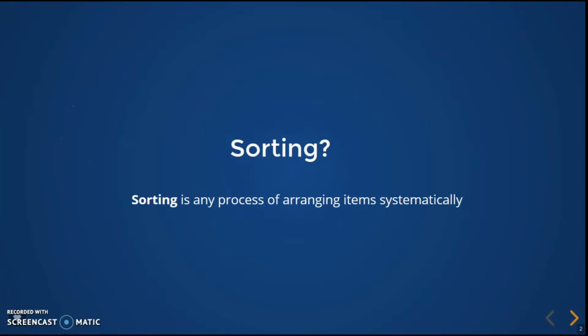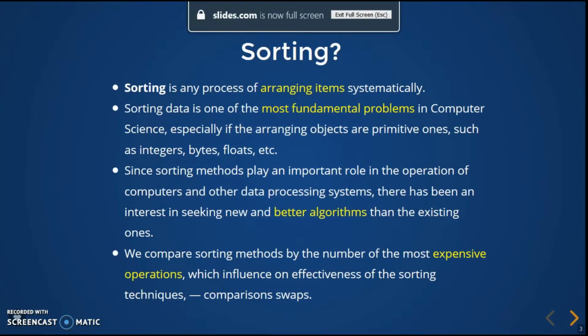So first of all, what is sorting? Sorting is any process of arranging items systematically. Sorting data is one of the most fundamental problems in computer science, especially if the arranged objects are primitive ones, such as integers, bytes, floats, etc. Since sorting methods play an important role in the operation of computers and other data processing systems, there has been an interest in seeking new and better algorithms than the existing ones.